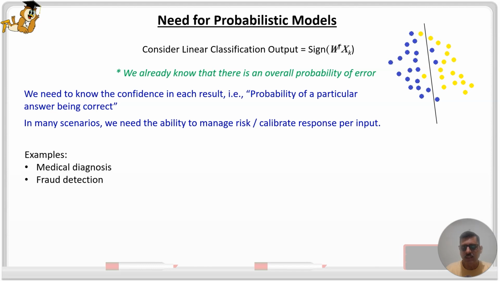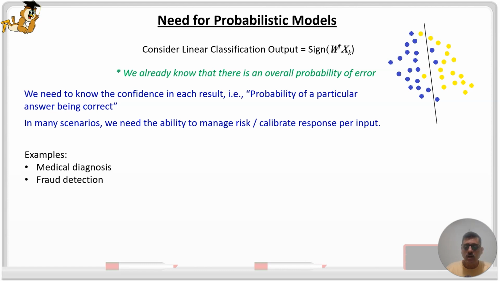So consider an example where the classifier said that a particular person was healthy. You would also like to know whether the classifier is very sure that the person is healthy, or it is sort of sure, not really very sure. Because in that case, you would like to perform further tests, and the way you take that case forward would clearly differ. So that's an example where you would like the classifier to also tell you how sure it is that the person is healthy.